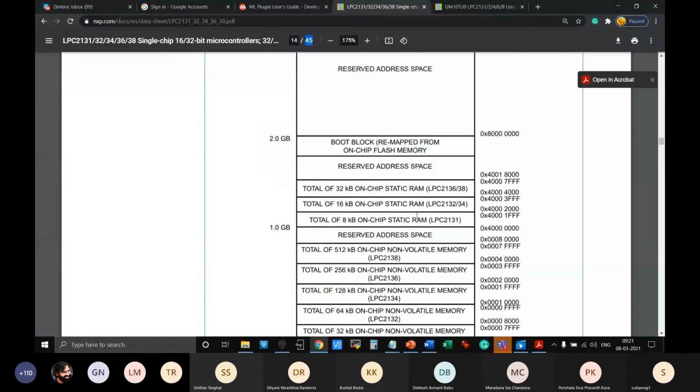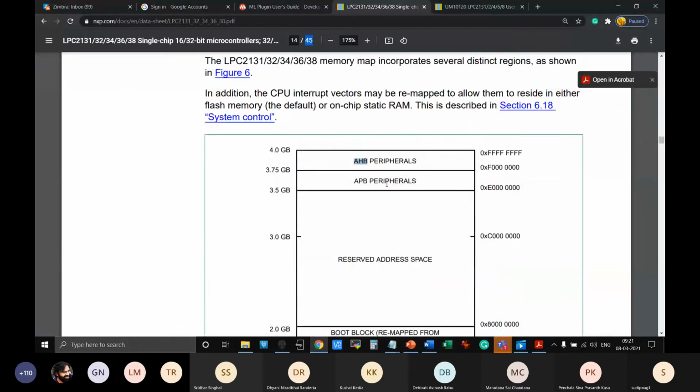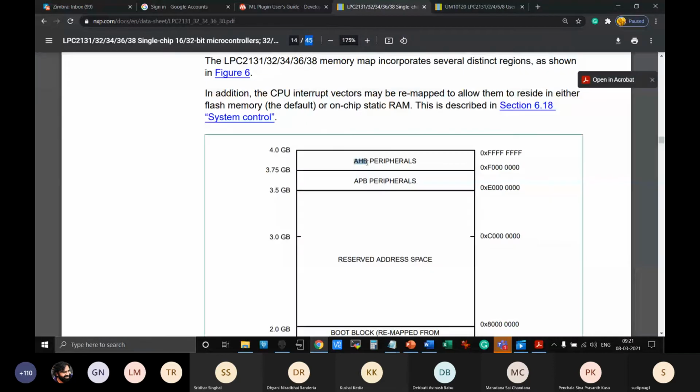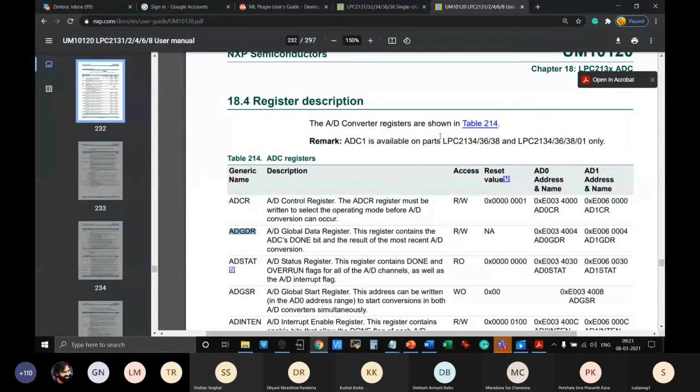Let's say I want to read the value of what is going on in these registers of the ADC. So I will have access to this AHB. That means there are some embedded trace registers and debugging registers through which I can get a copy of the values from the APB registers. So you can directly copy the value if the read operation is allowed.